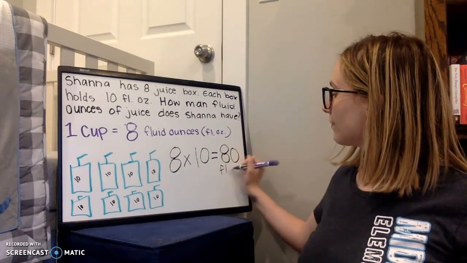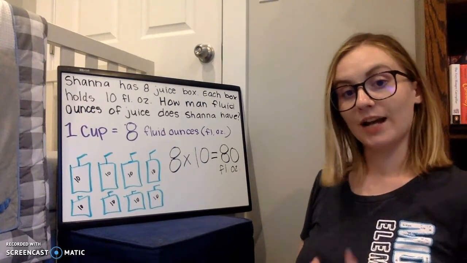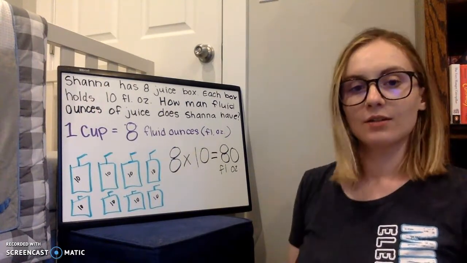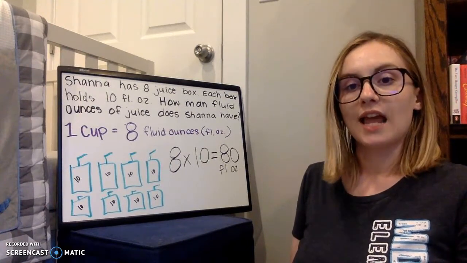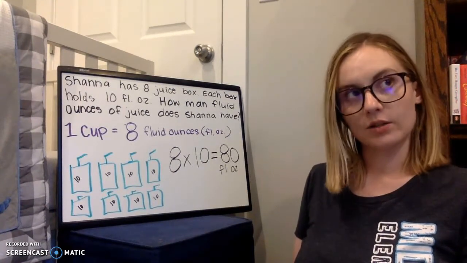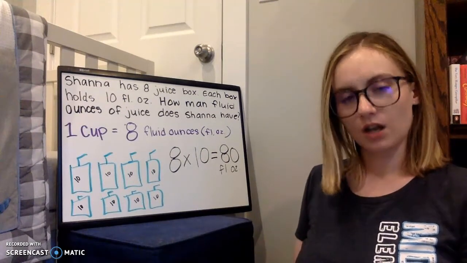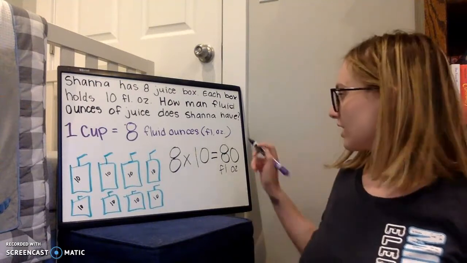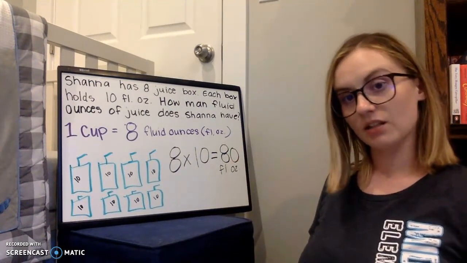fluid ounces. Now, what if I asked you, how many cups is that? You would easily be able to tell me, well, okay, there's 8 fluid ounces in 1 cup, so I can just take this whole thing, because that's ounces, and divide it by 8.